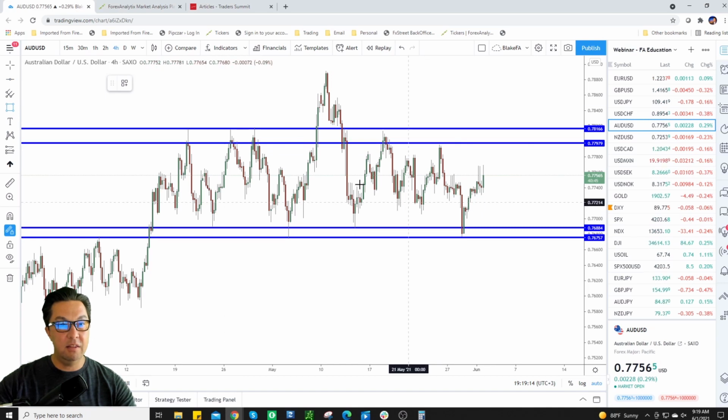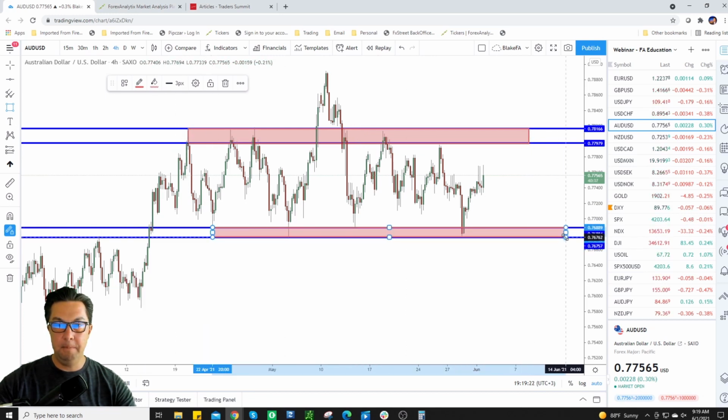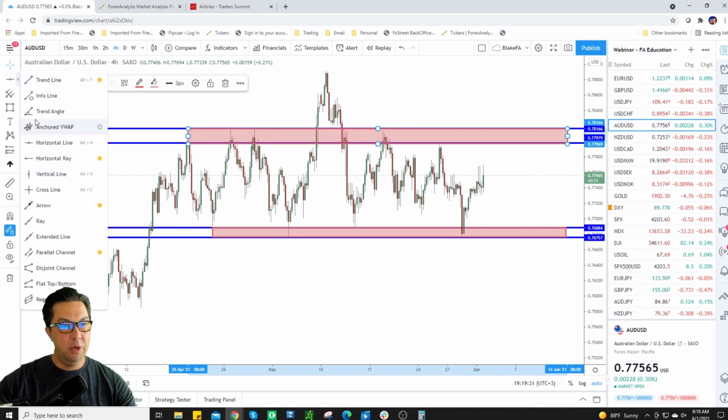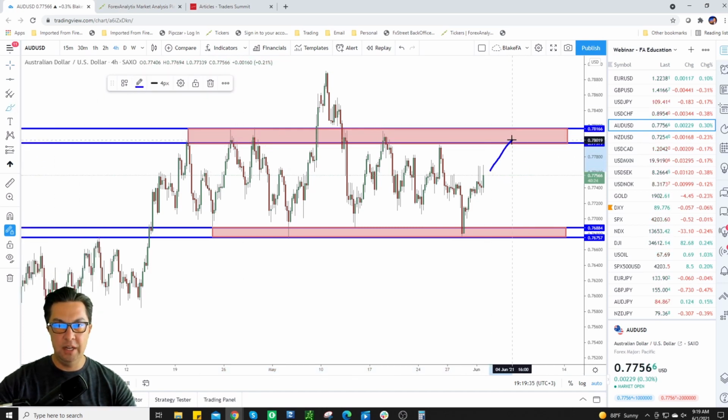And when we get a few of those drawn out, you can see that they become what we call zones. Right? You can see that. So we happen to be in the middle of the zone, but every time we reach the upper end of the zone, we tend to find sellers. And then we get down here, we get to the lower end, we tend to find buyers.